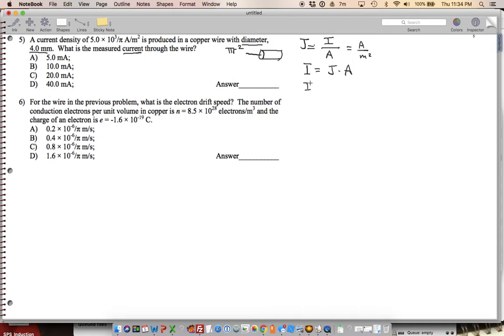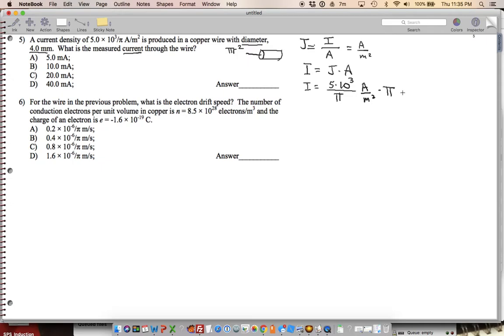So I is equal to 5 times 10 to the 3 divided by pi, that's my J, amps per meter squared. I plug that in for J, times the area, pi r squared.